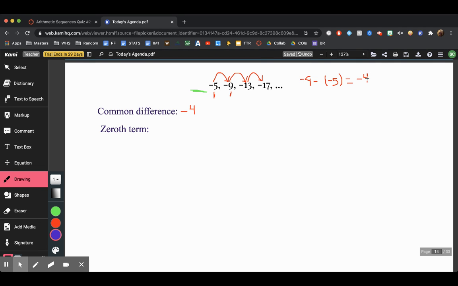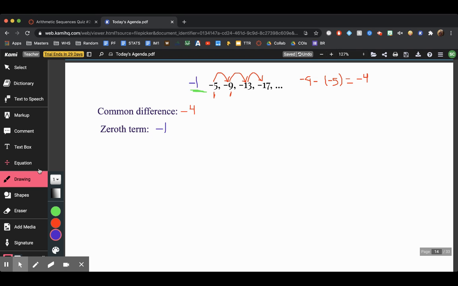If our common difference is subtracting 4, then I'm going to take -5 and add 4. So to -5, I'm going to add 4, and that gives me -1, which is my 0th term, -1.